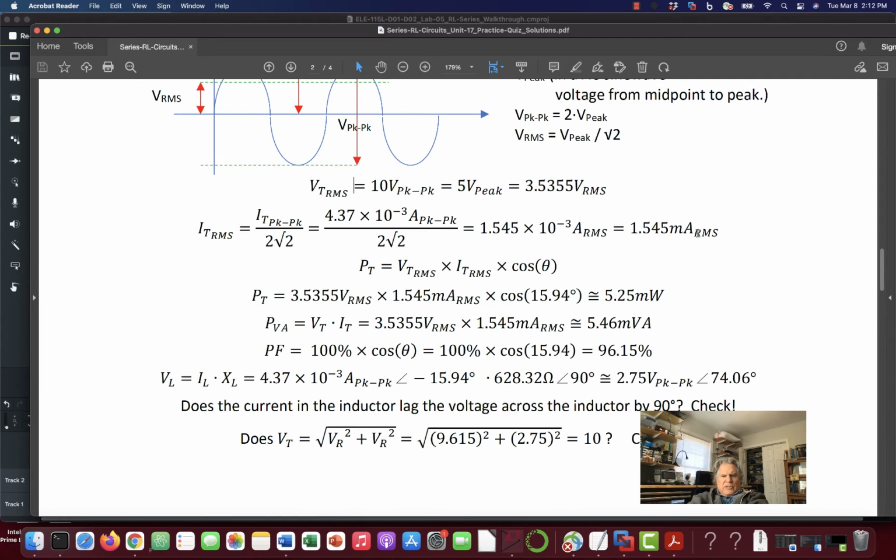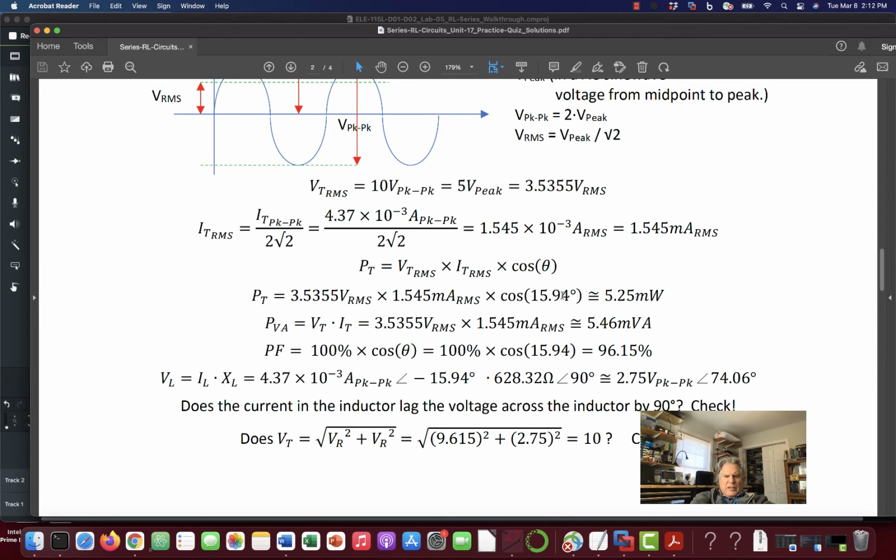Okay, so the total power is equal to our RMS voltage times our RMS current times the cosine of the phase angle, which you may remember is this thing called power factor.